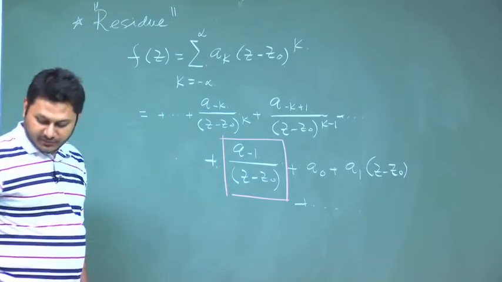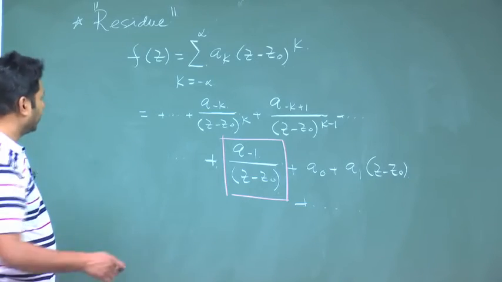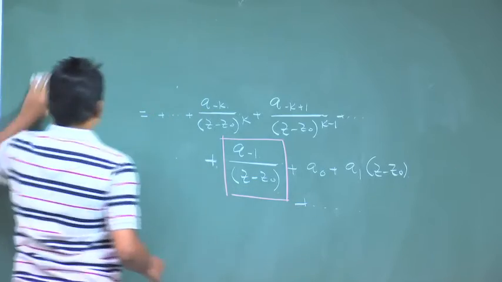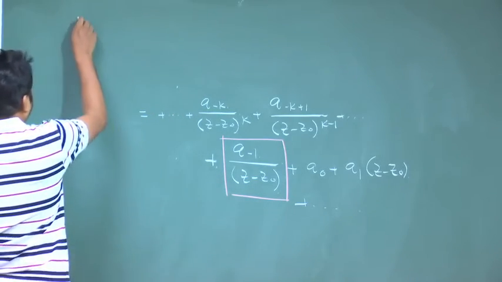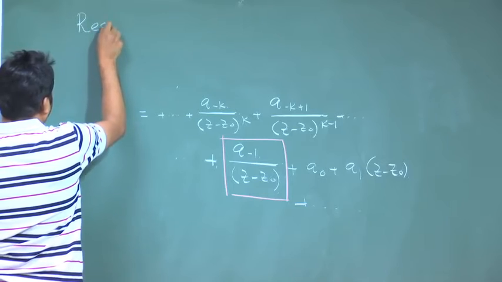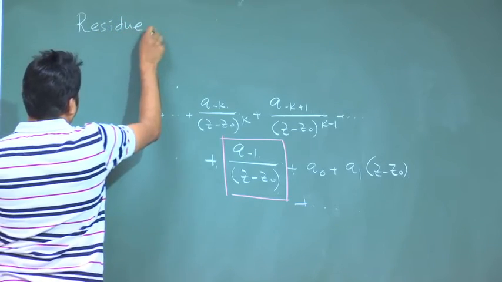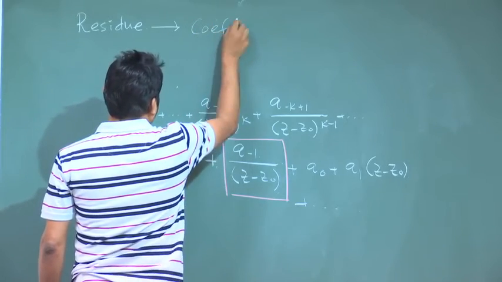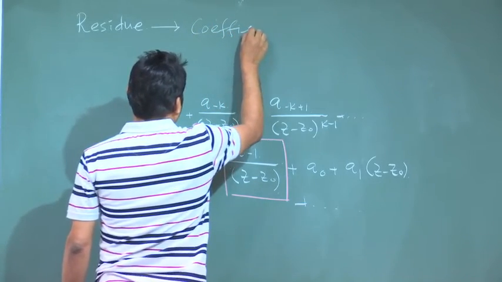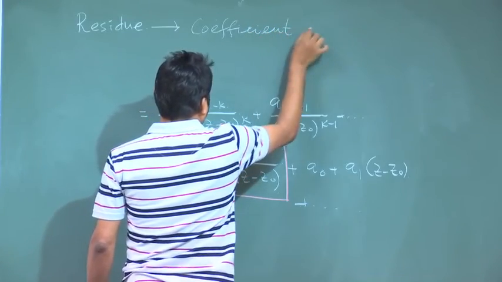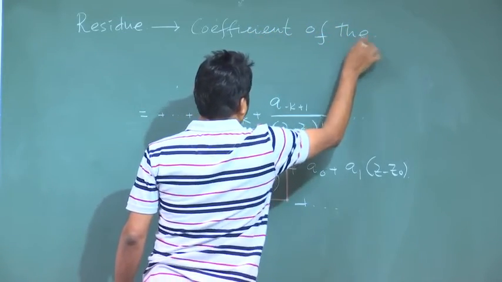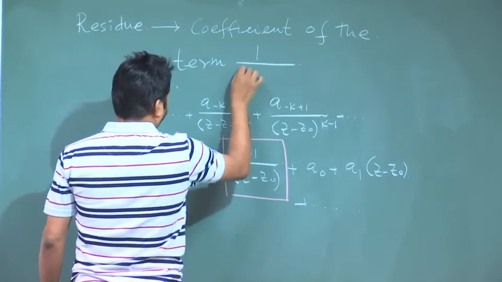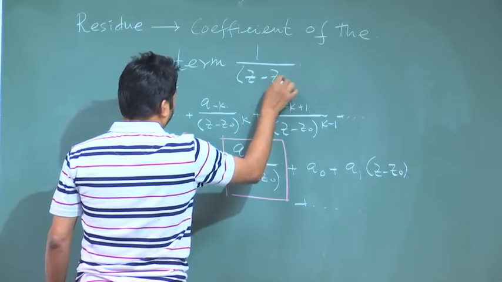So, what is the definition of residue? Residue is nothing but the coefficient of the term 1 divided by z minus z0.